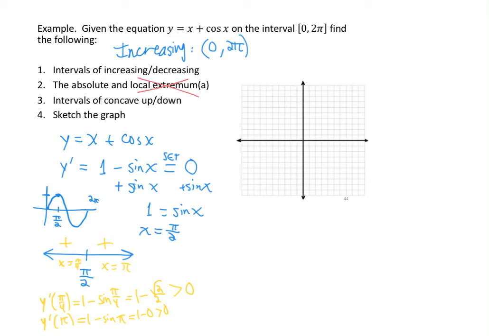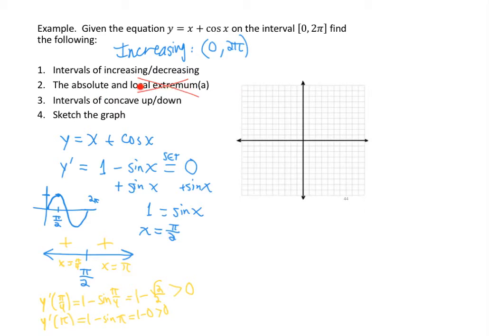But we're on a closed interval, and that means we can figure out the absolute extrema. We have a continuous function on a closed interval, and it's differentiable on this open interval.